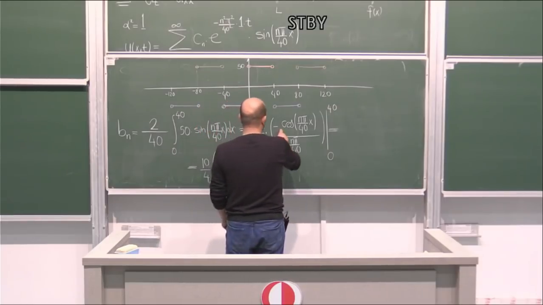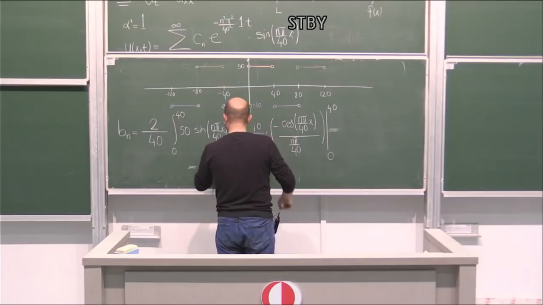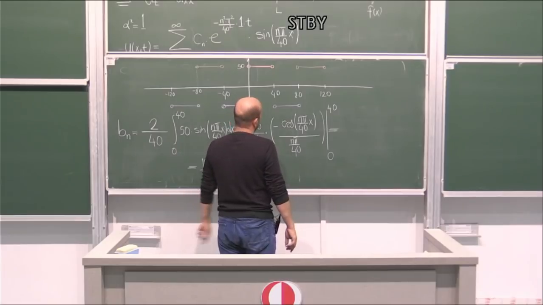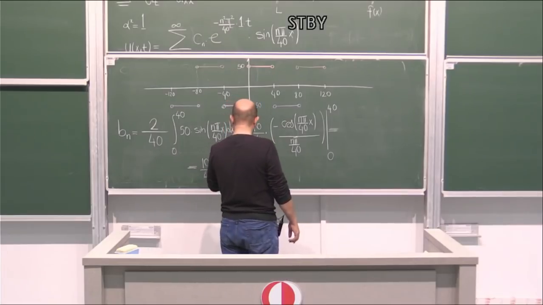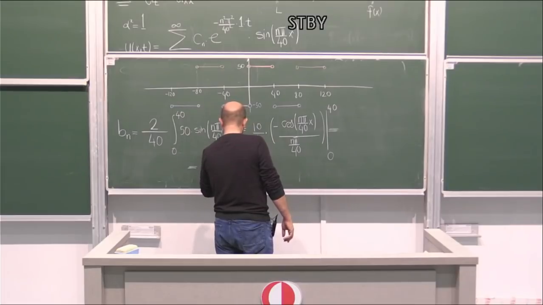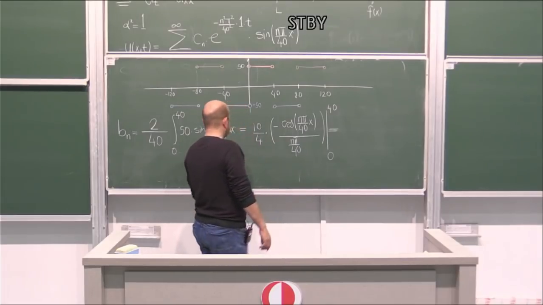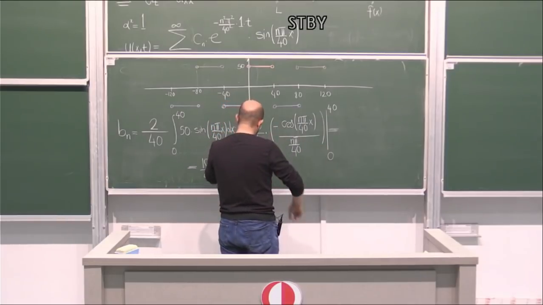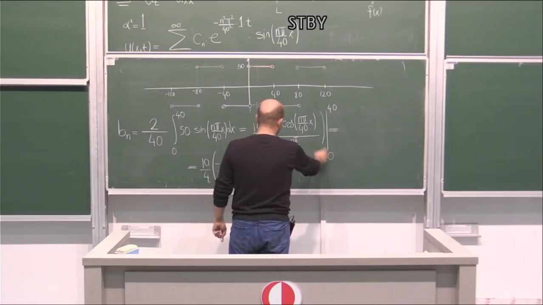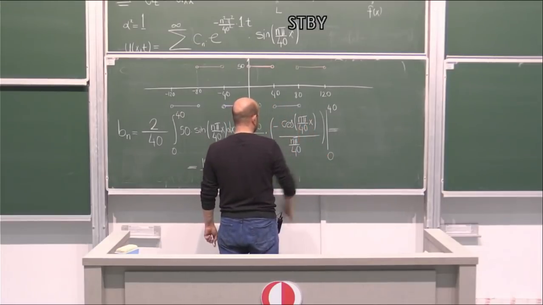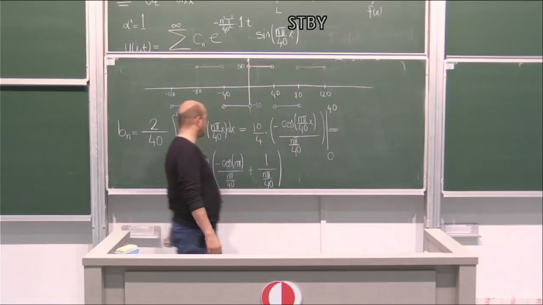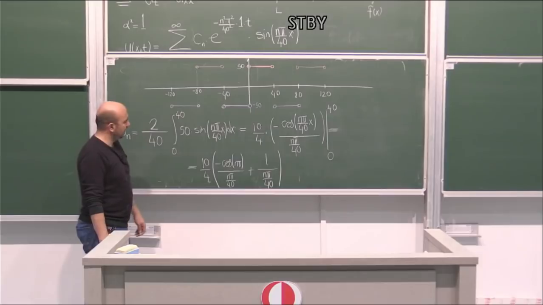We have minus cosine n pi over n pi over 40, minus, now another minus is coming from here, which makes it plus. Now if you plug in 0 here, we have cosine 0, which is 1, over 40. This is what we have. Okay. Now what do we get here?